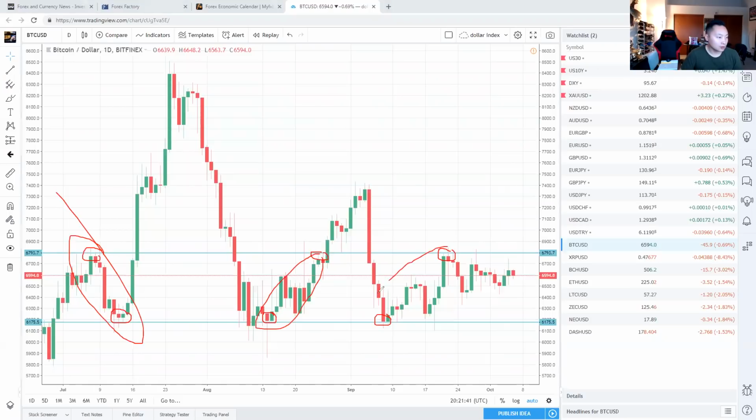What I'm trying to show you is a very similar structure of candlesticks, how this one went down, how these candlesticks are very similar.